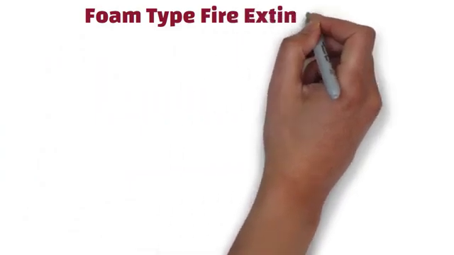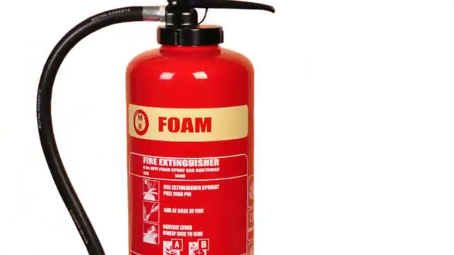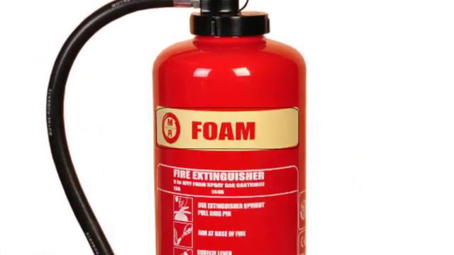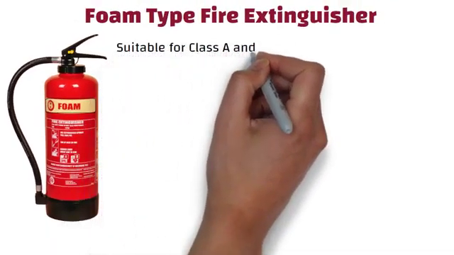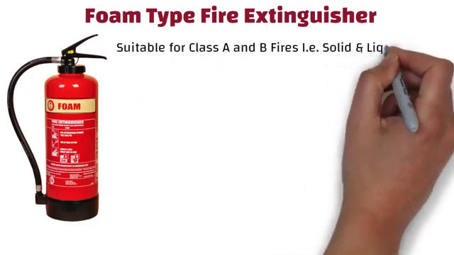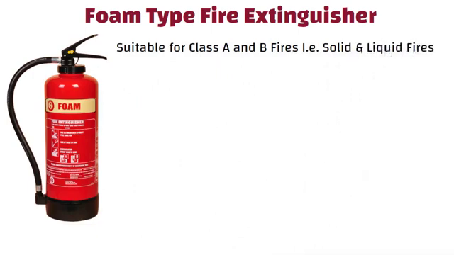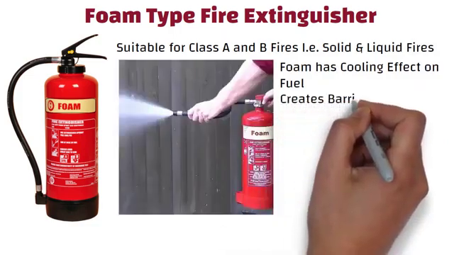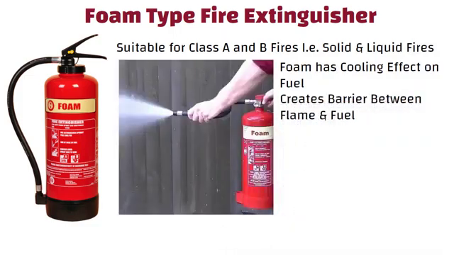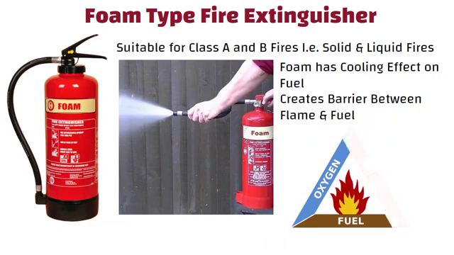Foam type fire extinguishers. These type of fire extinguishers are noted by cream color. These are suitable for class A and class B fires, that is solid and liquid fires. Foam has a cooling effect on fuel. It creates barrier between flame and fuel, and it takes away heat element from the fire triangle.